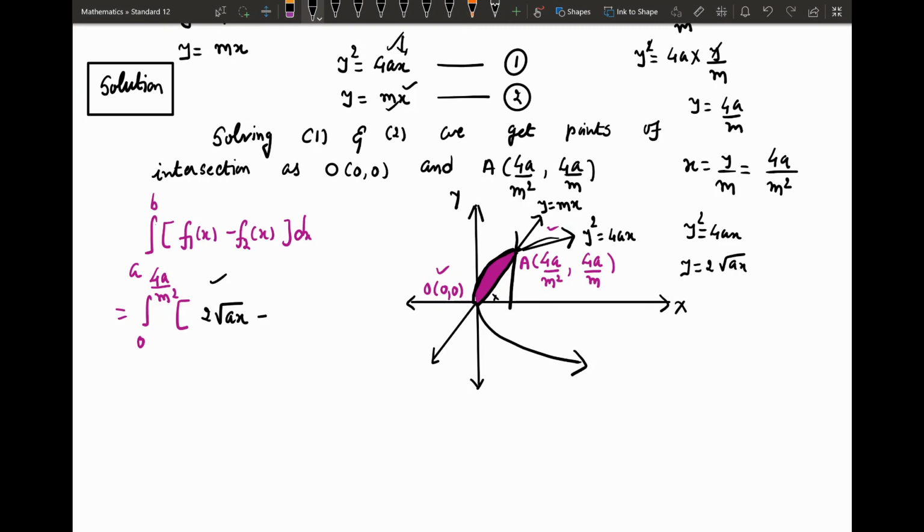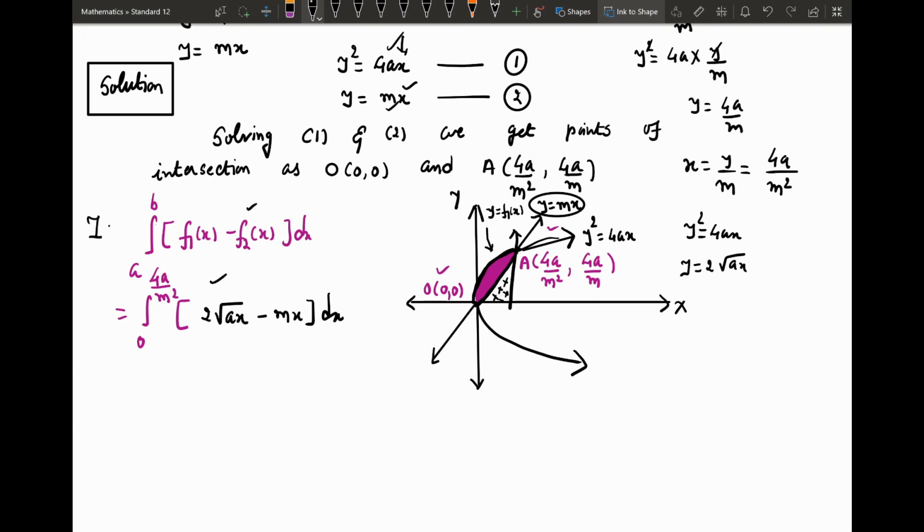To omit this portion, we have to subtract the second function, which is the portion from the straight line y equal to mx. So f2(x) is y equal to mx. Here y equal to f1(x) is from the equation of the parabola, and y equal to f2(x). So we subtract the second curve y equal to mx dx.